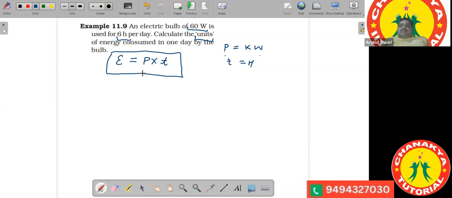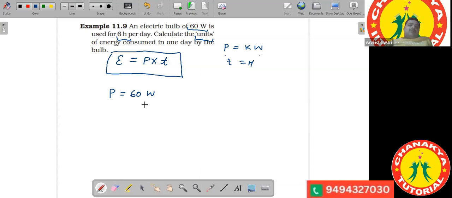No, Siddharth. Okay, let's see. Power is given in watt, 60 watt.